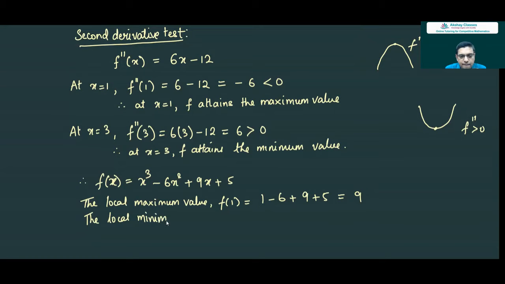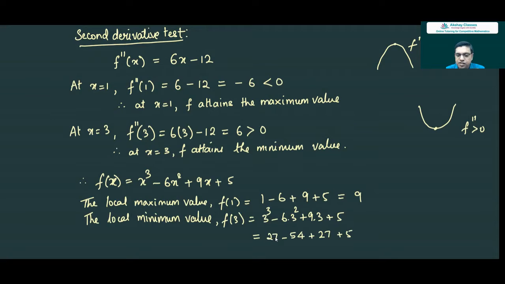Local minimum value at 3: f of 3 is 3 cubed minus 6 into 3 squared plus 9 into 3 plus 5, which is 27 minus 54 plus 27 plus 5. 27 plus 27 is 54, minus 54, plus 5 is 5.